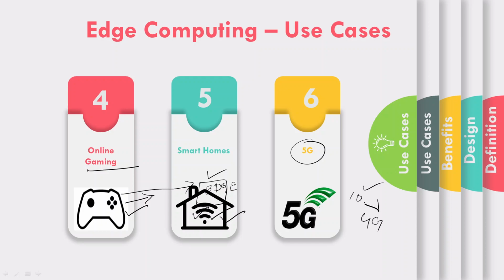That means that we will need very low latency for that to happen, and that low latency can only be achieved by bringing the compute and the storage, etc. closer to the edge of the network. In that way, we can achieve low latency and much higher speed as compared to 4G.